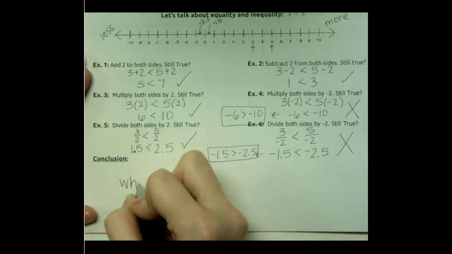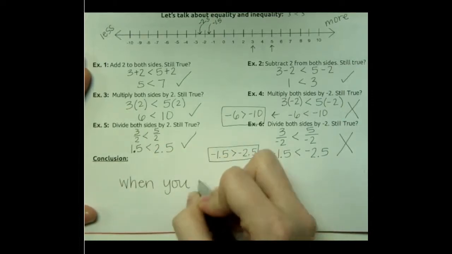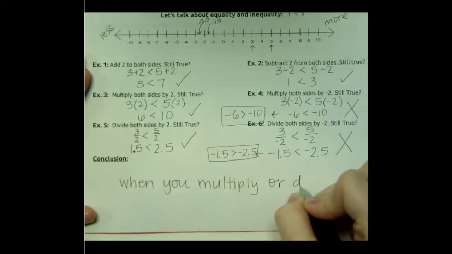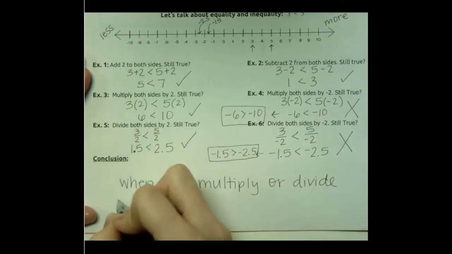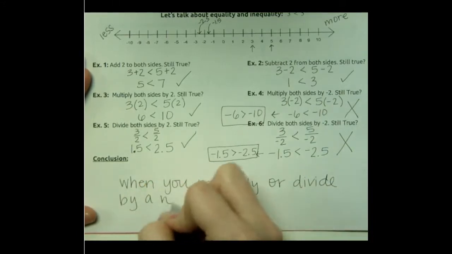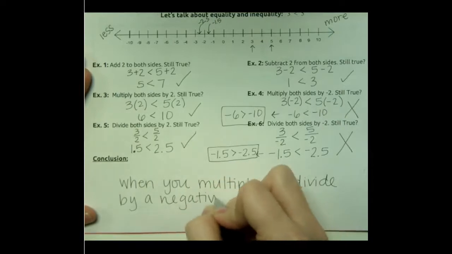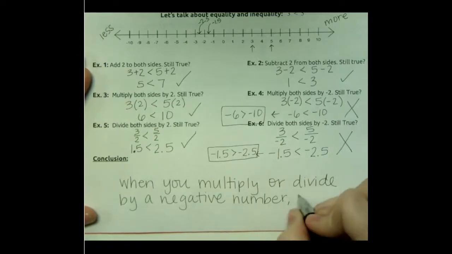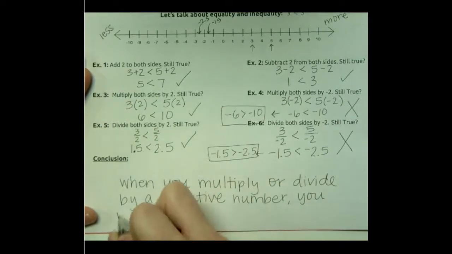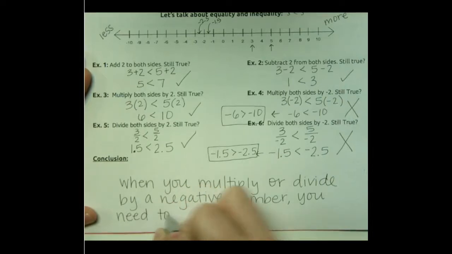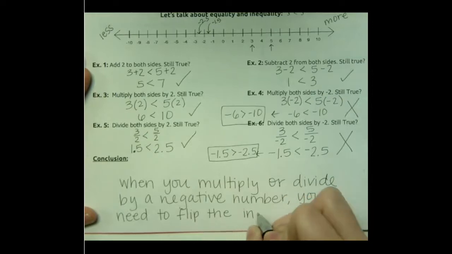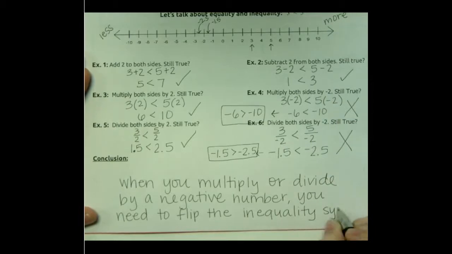So we're going to say, when you multiply or divide by a negative number, you need to flip the inequality symbol.